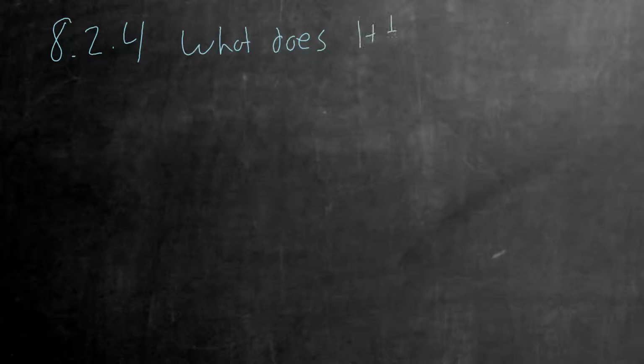All right, let's take a look at 8, 2, 4. What does 1 plus 1/2 plus 1/3 plus 1/4 plus so on equal? All right, so yesterday we talked about an infinite geometric sum having a finite sum.